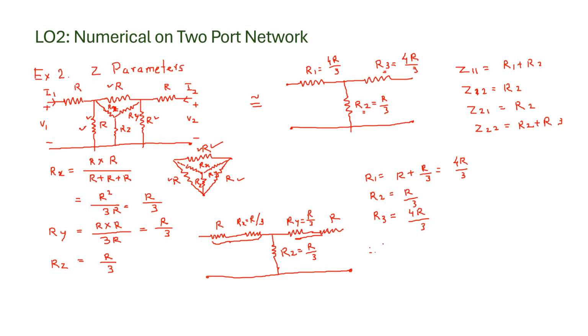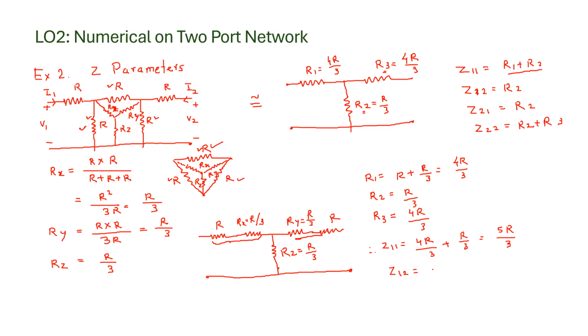Then what is the value of Z11? Z11 is equal to, as we already determined, R1 plus R2. R1 value is 4R by 3 plus R2 value is R by 3, so it is 5R by 3. What is Z12?